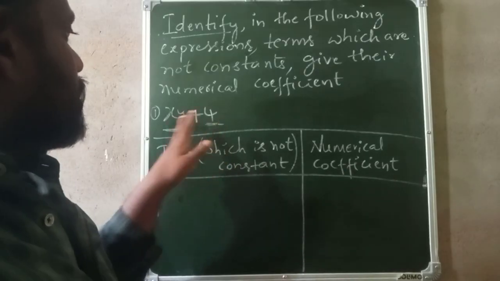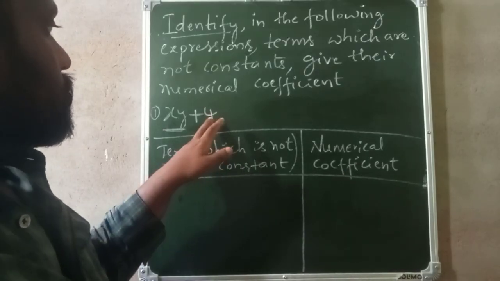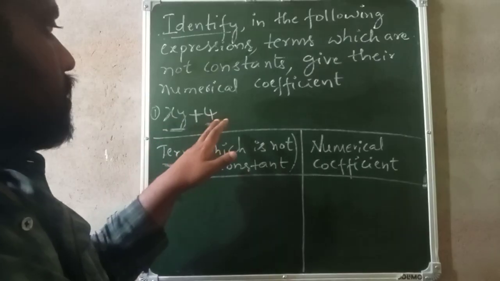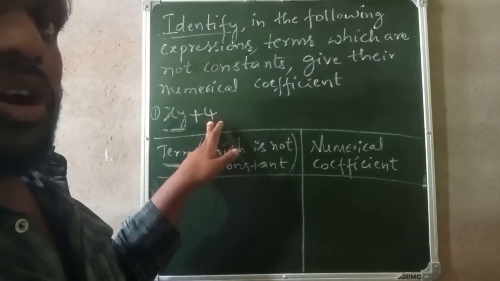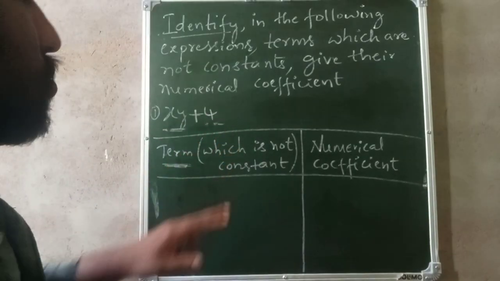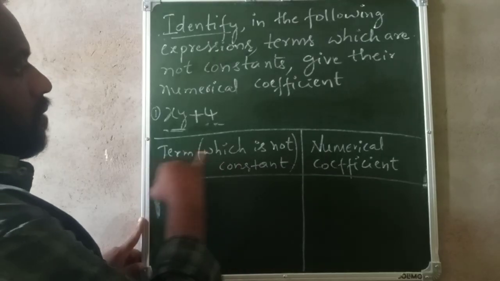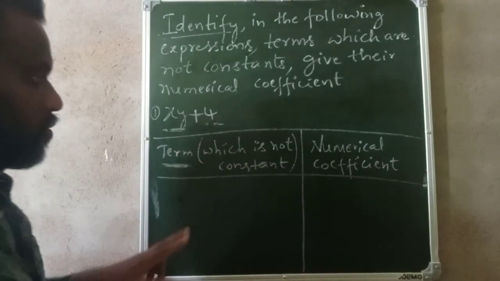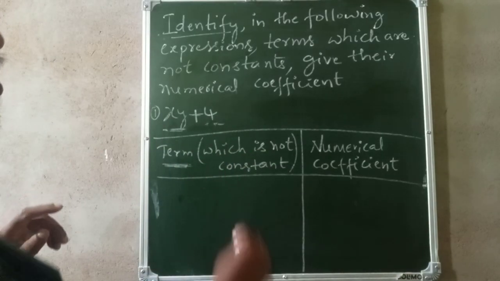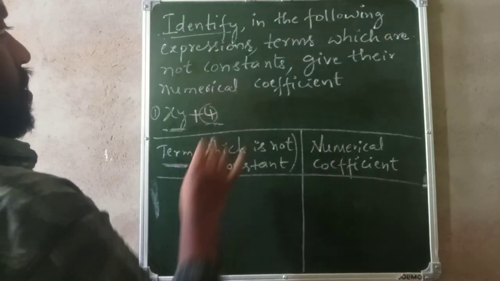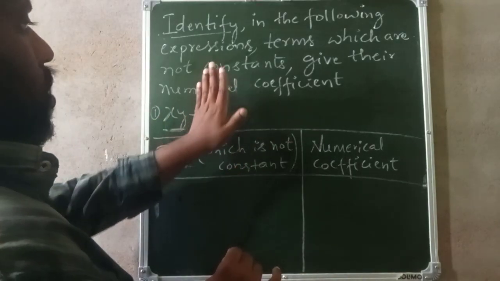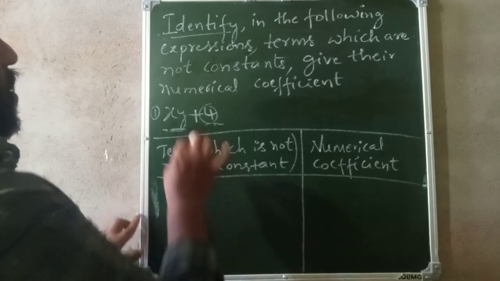So here only a number is there, this is constant. What we want is a term which is not constant, so we don't need to write this here.